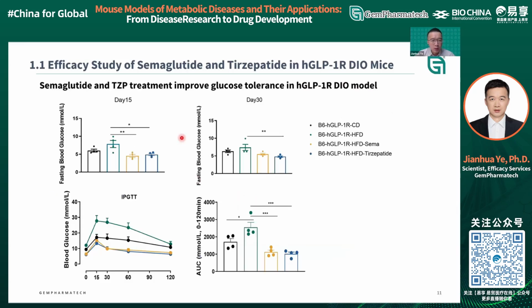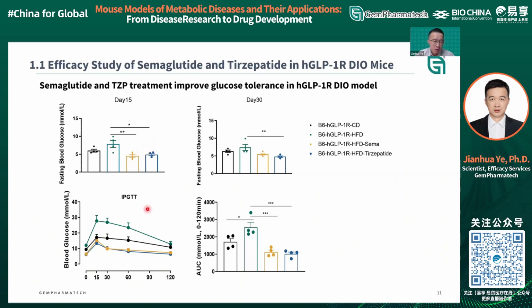After we get these mice, we use a high-fat diet to induce obesity in the humanized mice. We can see the green one is the humanized mice fed the high-fat diet. Its blood glucose increased, but after treatment with semaglutide and tirzepatide, its blood glucose decreased.